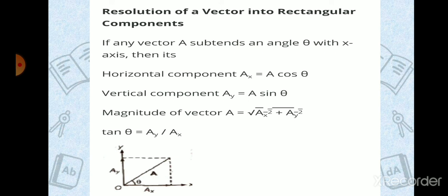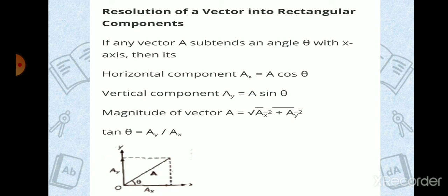Suppose you are given a vector A in any arbitrary direction, then the magnitude of this vector A is equivalent to the square root of AX square plus AY square, where AX and AY are the components of A along the X and Y directions.